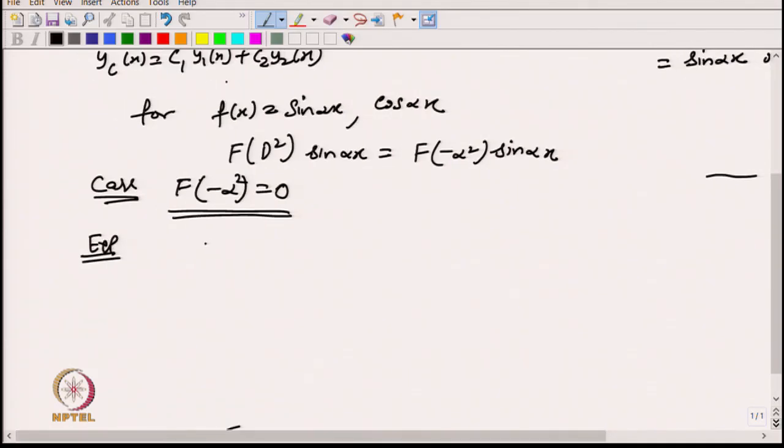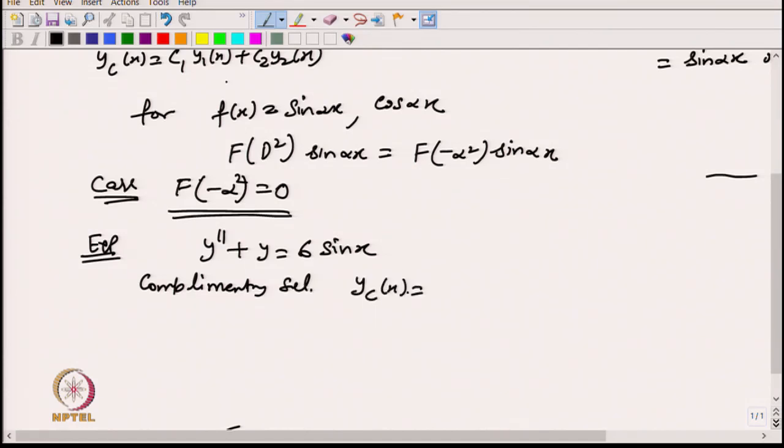Suppose we have y double dash plus y equal to 6 sin x. In this case the homogeneous part is y double dash plus y equal to 0.